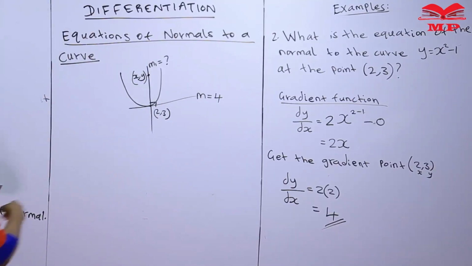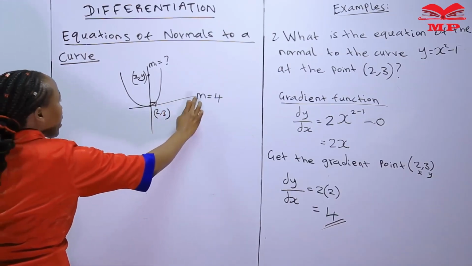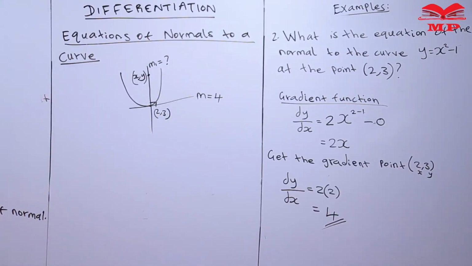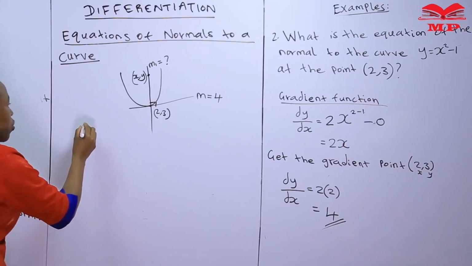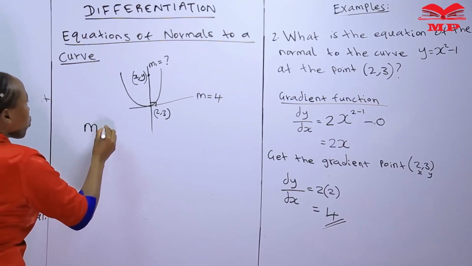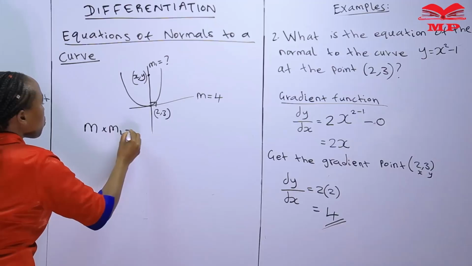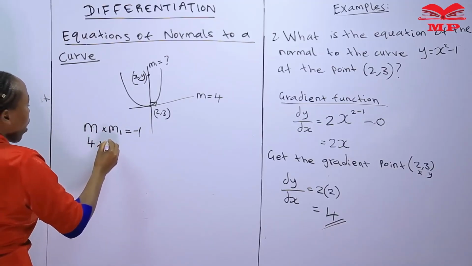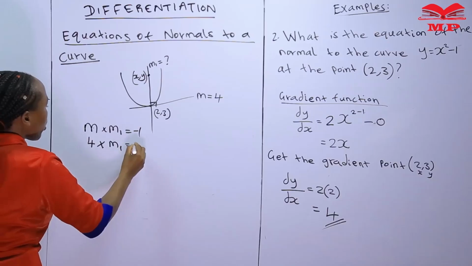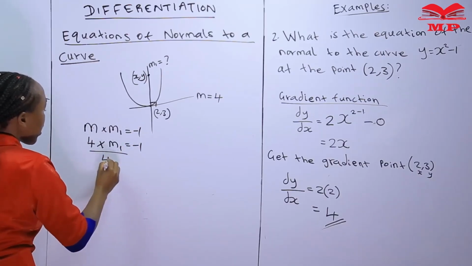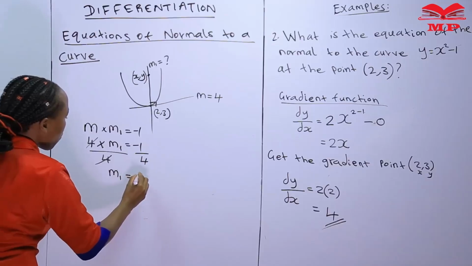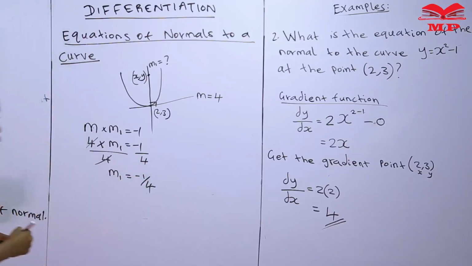Because the tangent and the normal are perpendicular lines, the product of the gradients is -1. So m multiplied by m1 should be -1. Our m is 4, and m1 is in question, so m1 is -1 divided by 4. So the gradient of the normal is -1/4.